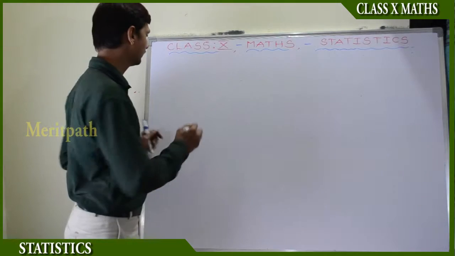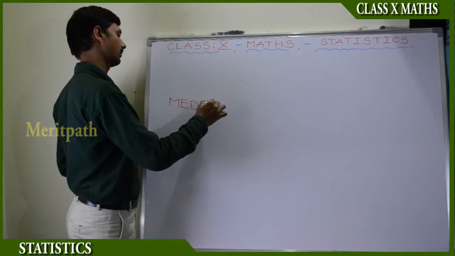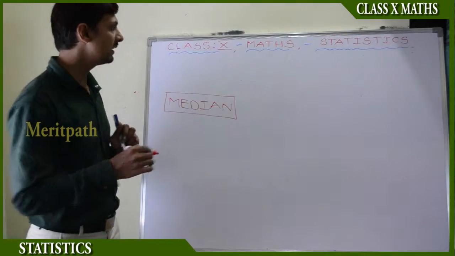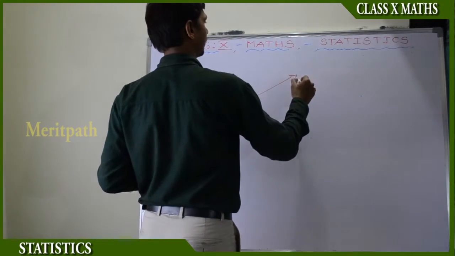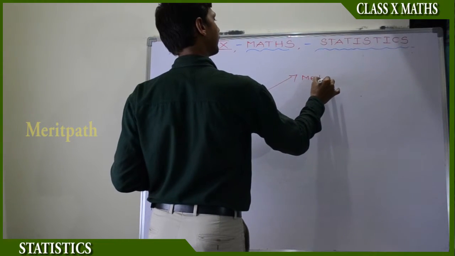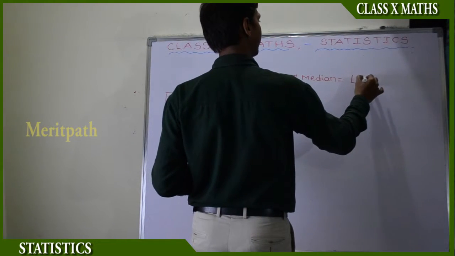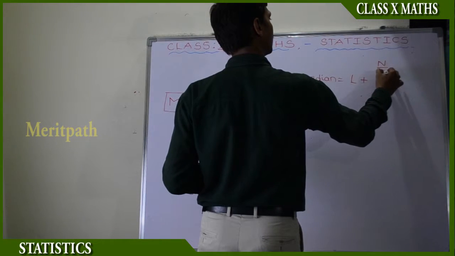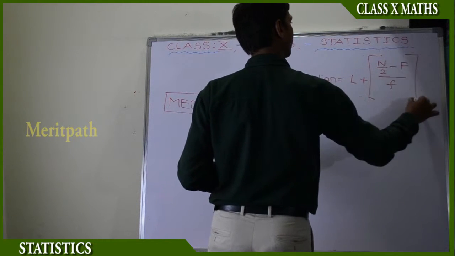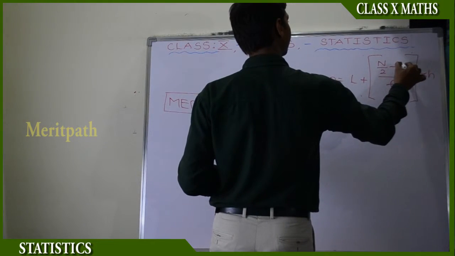Median of the grouped data is L plus n by 2 minus f by small f into c, or we can take it as h, and this f can be written as cf.